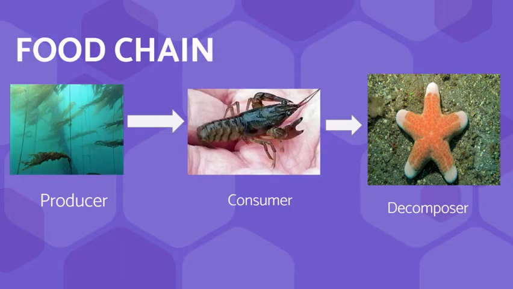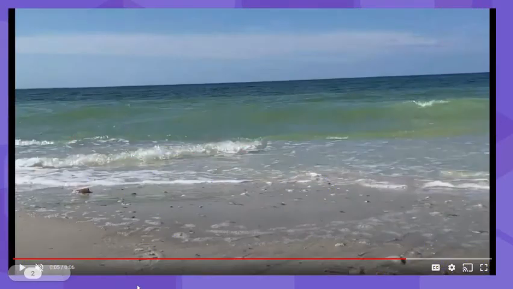To be considered a decomposer, it must break down biotic wastes and dead organisms, returning the raw materials to the ecosystem. Now that you've had a chance to go over what a food chain is, pause the video and try making your own aquatic food chain.